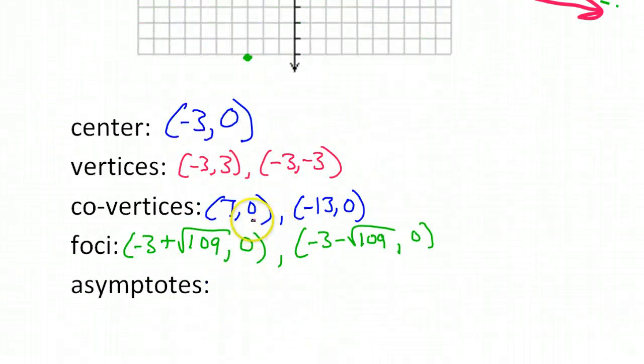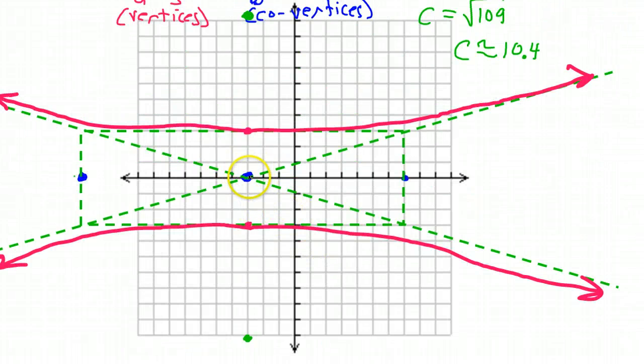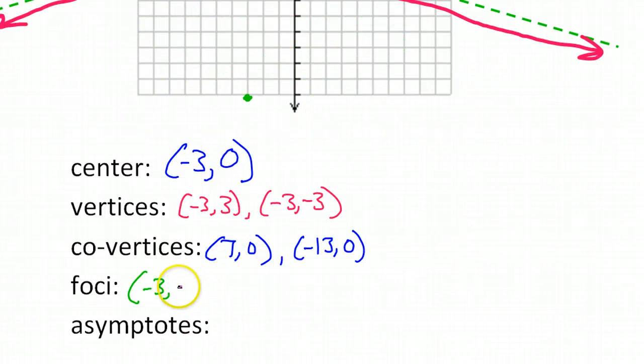The x value is definitely over at -3. So we're going to have -3, comma. Now, the y value, we're starting at 0, and we're going up radical 109. We can't say 10.4. So 0 plus radical 109, obviously we don't have to put 0 plus. We can just put radical 109.